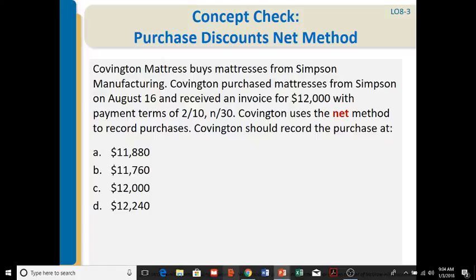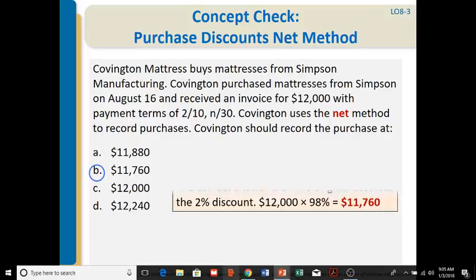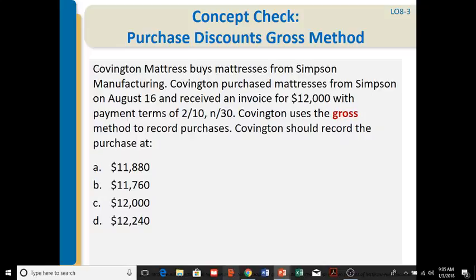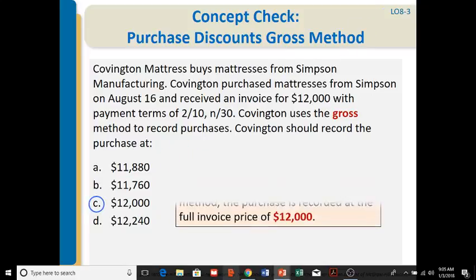Covington should record the purchase at 12,000 minus 240, so $11,760 is the amount they record this at. The same example using the gross method, they're simply going to record $12,000. Simple enough.